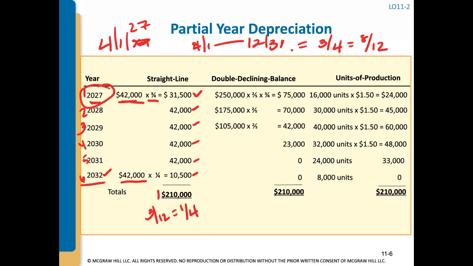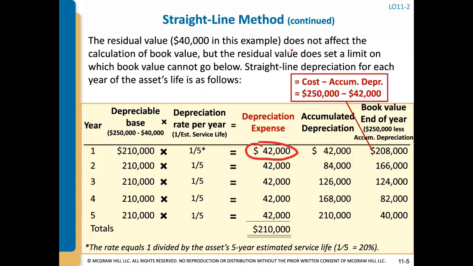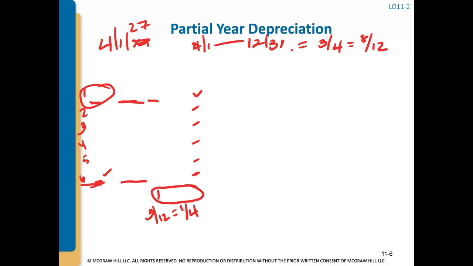Because we started in April 2027, it filters back into 2032 that you also need to take some depreciation expense for the first 3 months of the year, and that would give you 10,500. In total, you still get depreciation expense of 210,000, just as when assuming it was purchased on January 1.